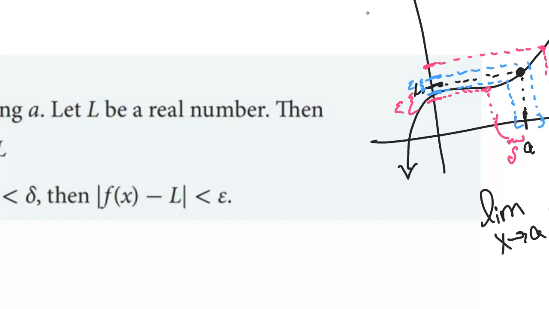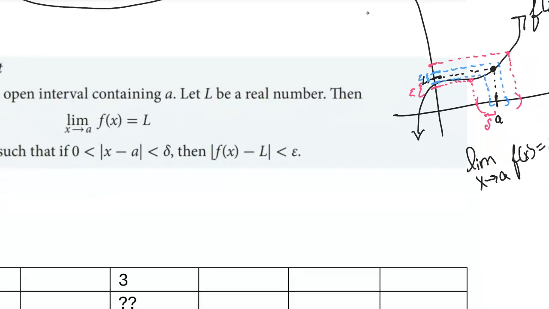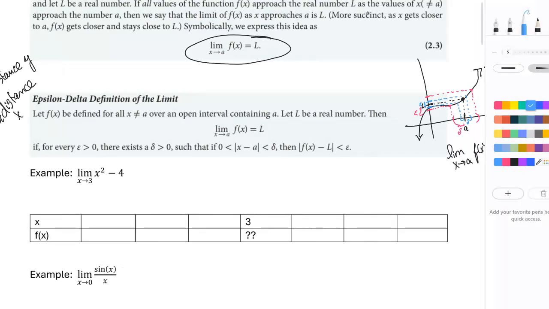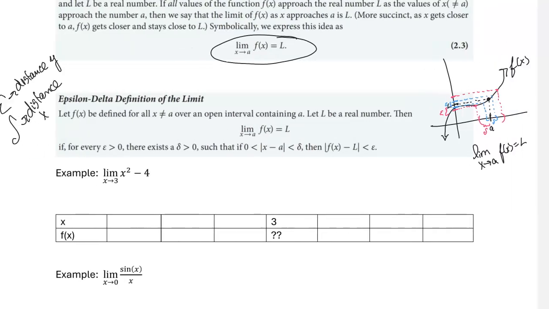And that's because my delta value here is smaller than what that red one was. And that's really all the limit definition is saying. So as I close in along a here, which is an x value, then it's going to close in along the y's here.